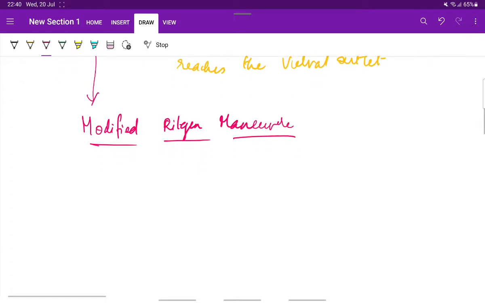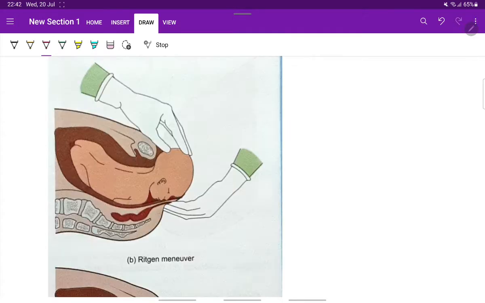When the vaginal introitus dilates to an average of 5 centimeters or more, we insert a gloved hand to exert pressure on the fetal chin, and the other hand should exert pressure against the occiput. This helps in the delivery of the head of the fetus. Let us understand this with the help of a diagram.